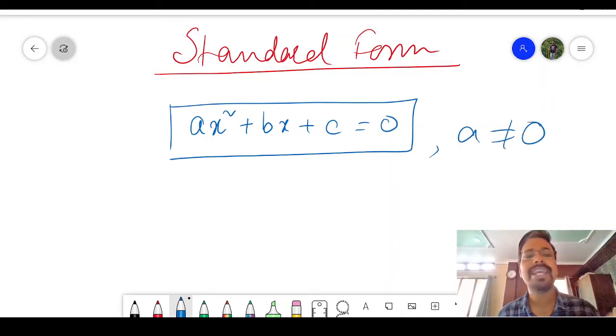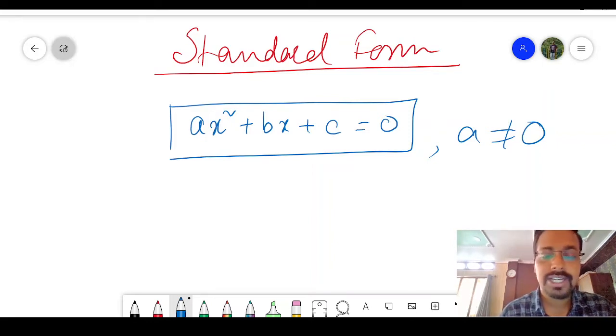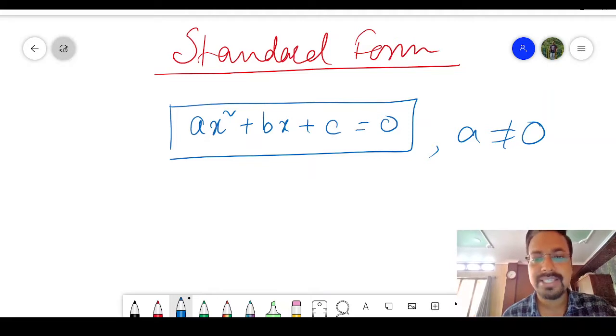Here a, b and c are constant terms, means any number. It can be any integer or any decimal, so it can be any real number, rational, irrational, anything. a, b, c are constant numbers, and x is the variable. So this is the standard form.